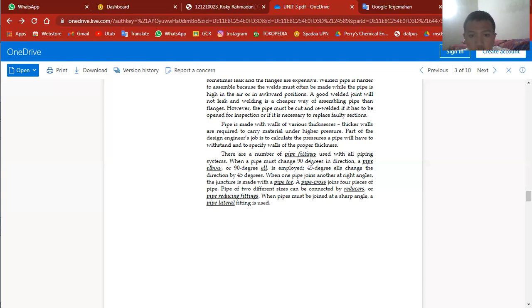When one pipe joins another at right angles, the juncture is made with a pipe T. A pipe cross joins four pieces of pipe. Pipes of two different sizes can be connected by reducers or pipe reducing fittings. When pipes must be joined at a sharp angle, a pipe lateral fitting is used.